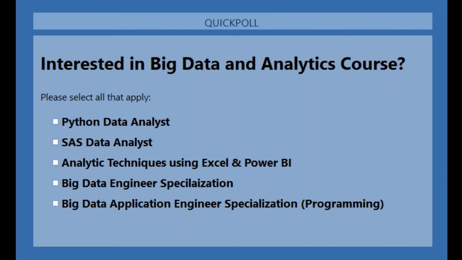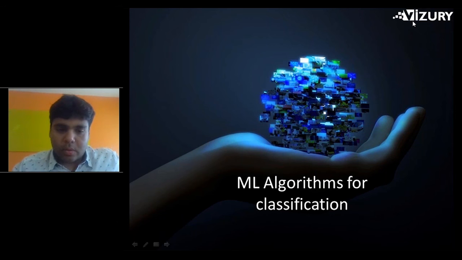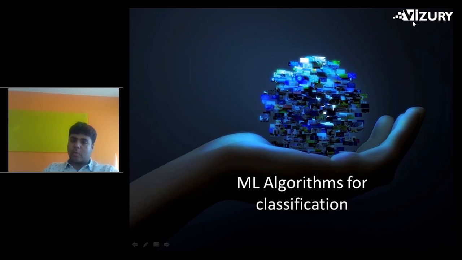Let us continue with the webinar. We came to the point where we understood the problem is a classification problem where we have some input variables and the output is basically a flag. So I wanted to quickly cover some of the widely used machine learning algorithms for classification.